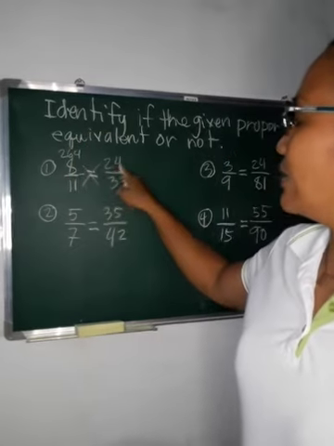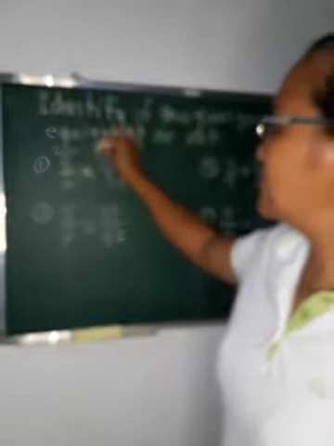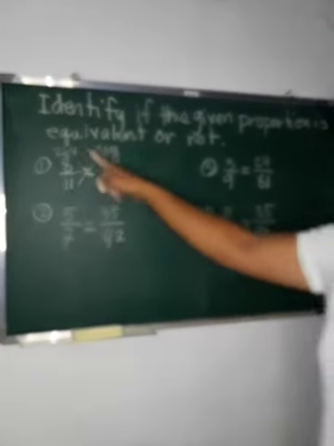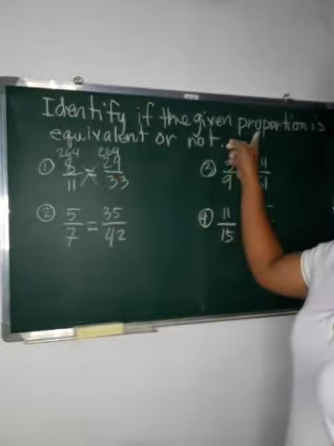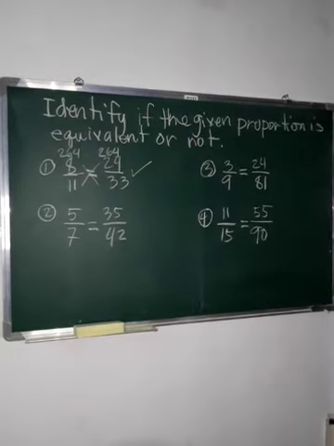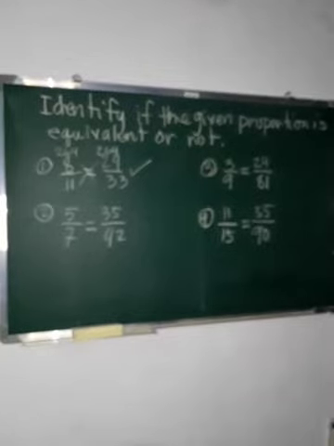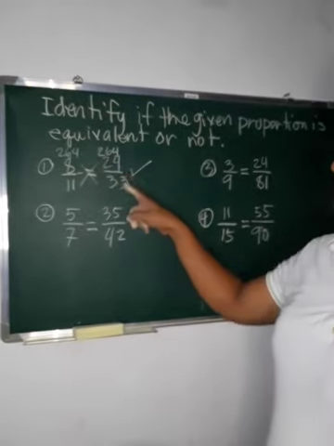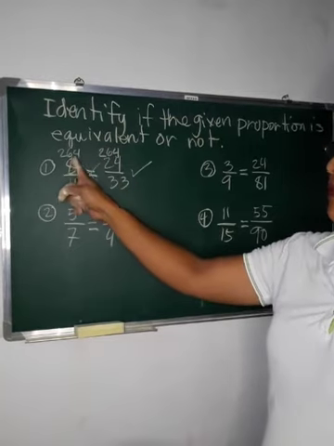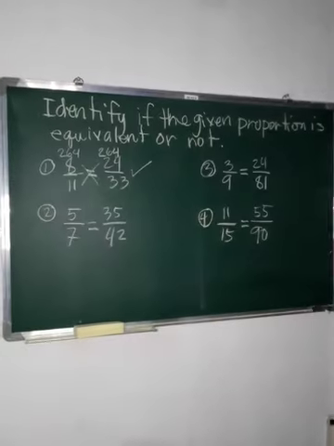And 24 times 11 is also 264. So if they are equal, then it is proportion.